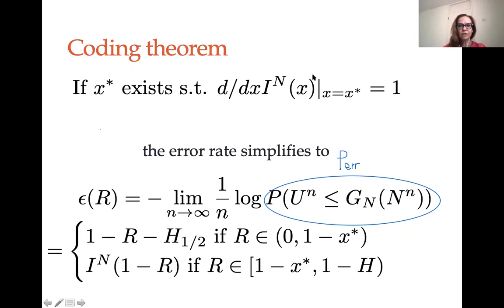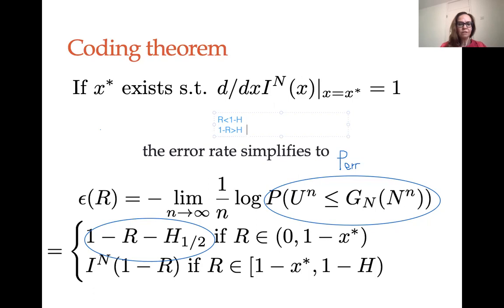And let's just do a very quick sanity check on what's happening here on this quantity here. So remember that r, the rate, is going to be less than 1 minus h. Okay. So what does that mean? 1 minus r is going to be greater than h.